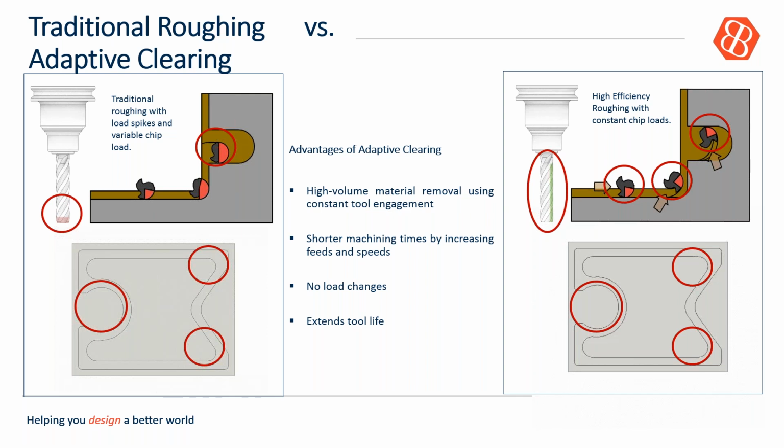If we look at adaptive clearing itself, in this video there's a really nice way to explain it. Regardless of what the offset distance is, the tool will still see an increased engagement going into internal corners and driving into slots. These internal corners are where the tool is most prone to breakage.